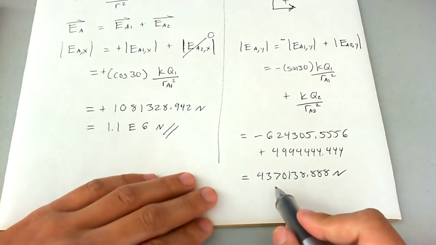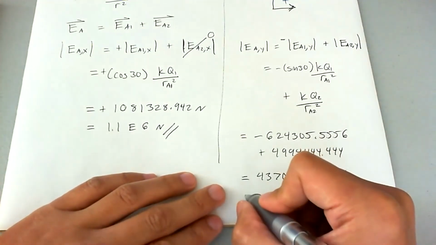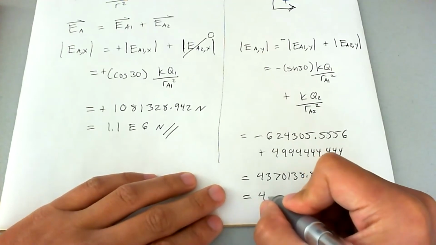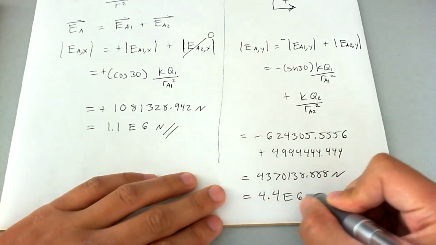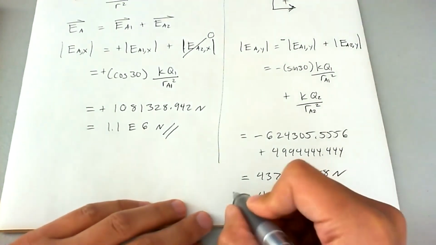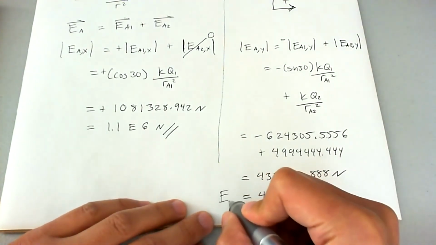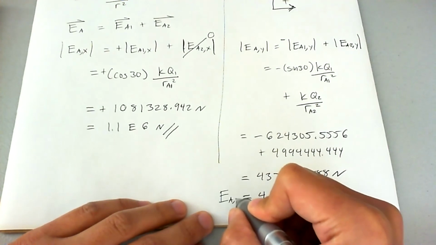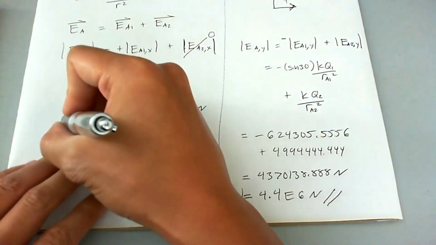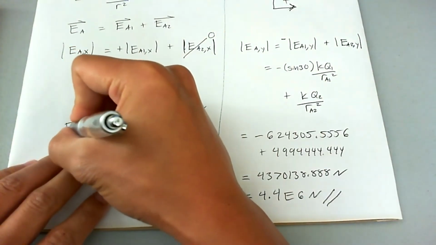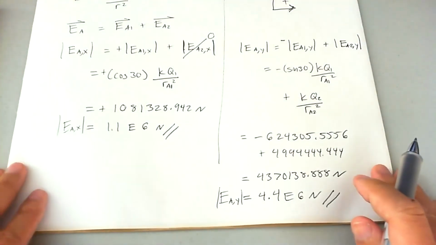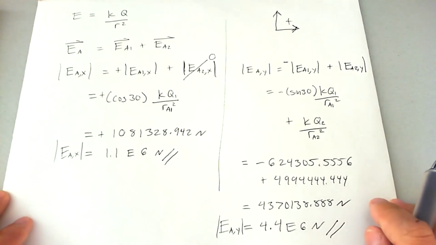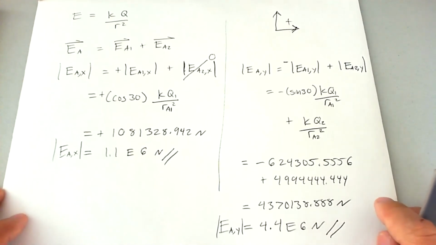If you were to simplify it into the appropriate number of significant figures, which is 2, we round up and it ends up being 4 e to the power of 6. That's going to be the electric field at point A in the y direction, and the previous result is the electric field at point A in the x direction. Now for simplicity, I'm going to skip part B because it's almost the same in terms of the procedure.